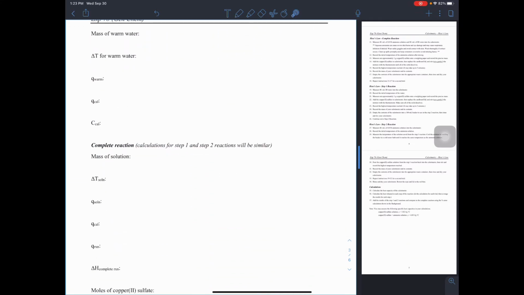Delta T for the warm water, again, final minus initial. The final is the same temperature as for the cold water, but the initial temperature is different. Q for the warm water, again, Q equals MC delta T. Q warm equals the mass of the warm water times C for the warm water times delta T for the warm water.